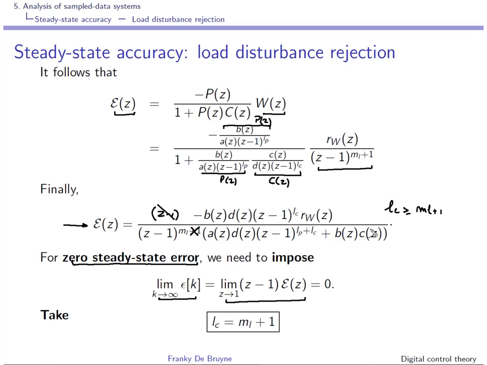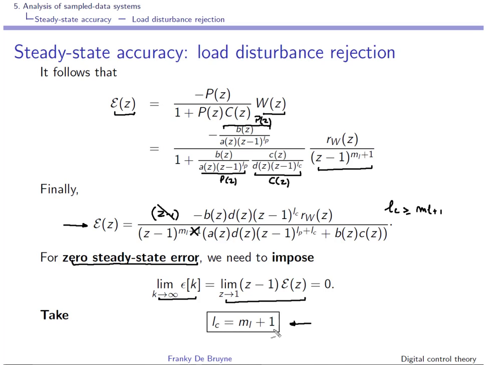So if you take the limit, it will tend to 0. Of course again you will not take more integrators than necessary. So if you take LC equal to ML plus 1, then you'll have a zero steady state error. Remember that ML is really the type of load disturbance that you want to be able to reject.